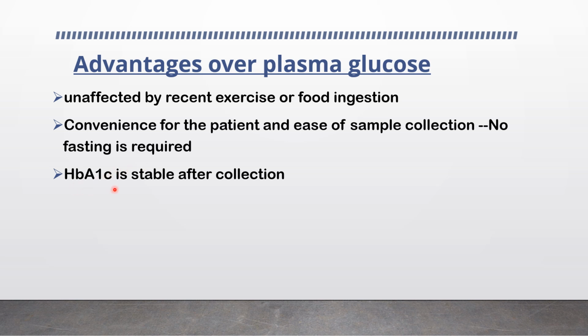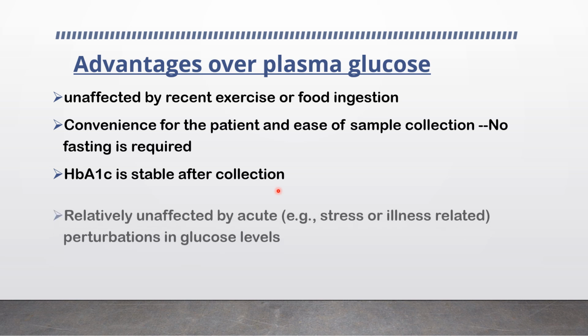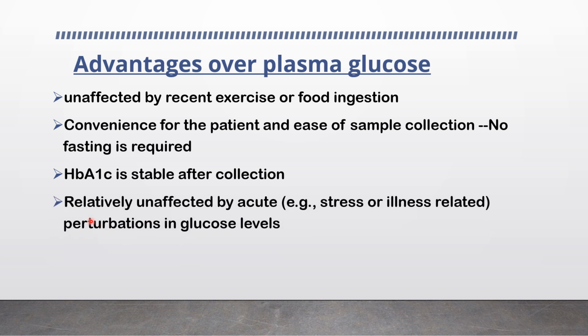The third important advantage is that HbA1c is stable after collection. Values do not change in the sample if the sample is handled properly, while glucose levels tend to decrease. Thus, stability is an issue with measurement of plasma glucose. Again, it is unaffected by stress or illness.